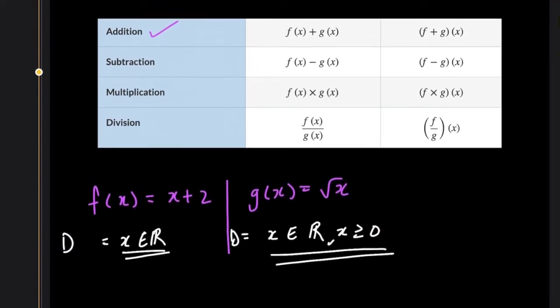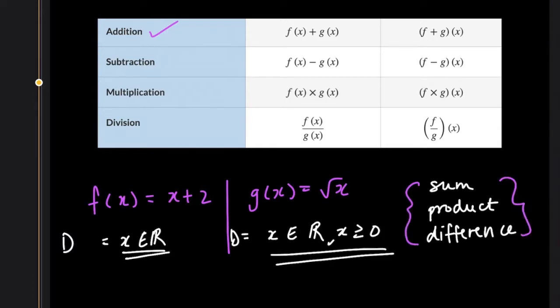Now to find the combined domain for either the sum, product, or difference, it doesn't matter, for all three of these operations, the domain of the combined function would be the intersection between these two domains.